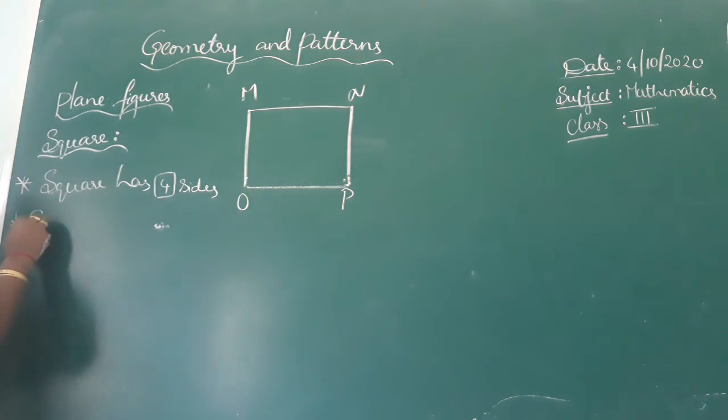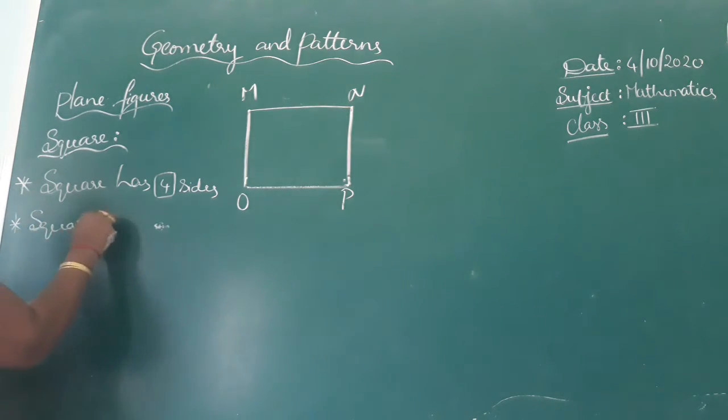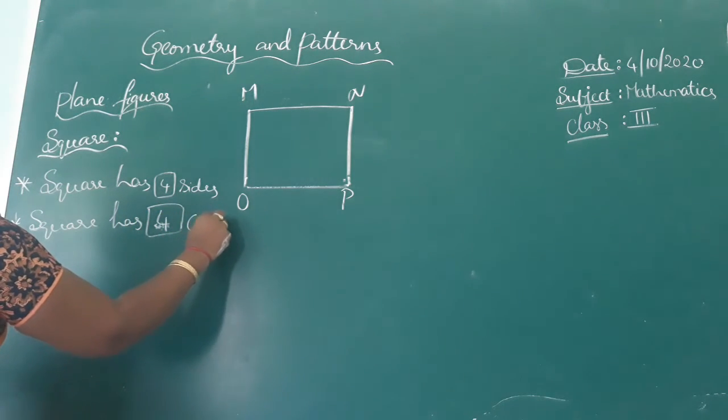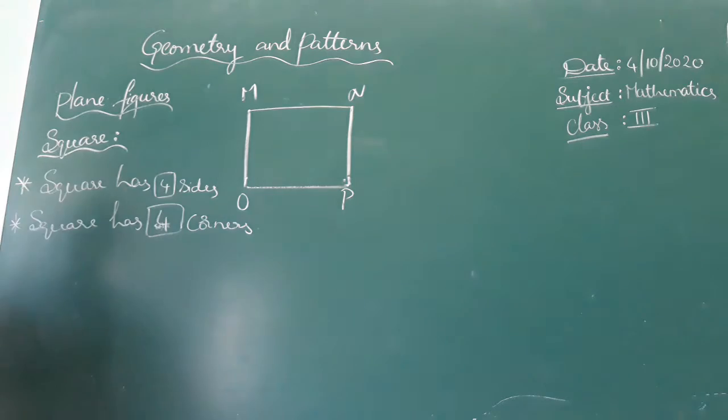Next, a square has 4 corners. A square has 4 sides and 4 corners.